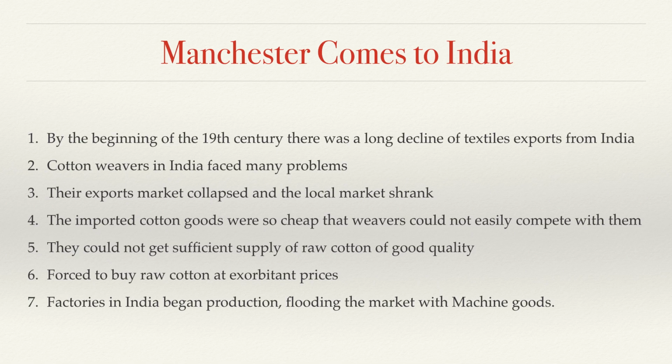They could not get sufficient supply of raw cotton of good quality. Indians were forced to buy raw cotton at exorbitant prices. Factories in India began production, flooding the market with machine goods.